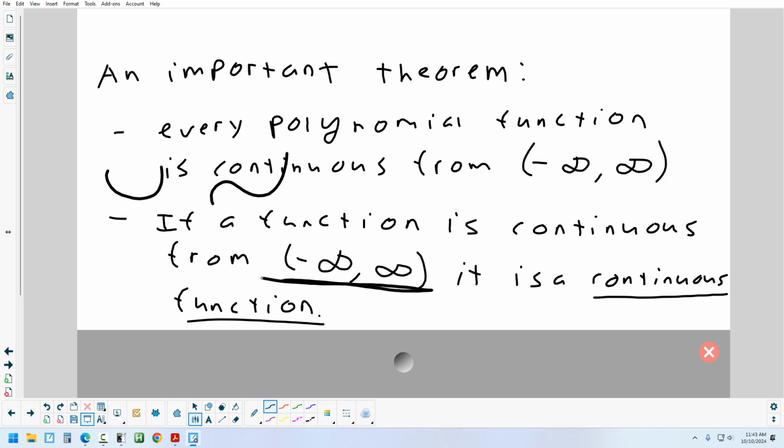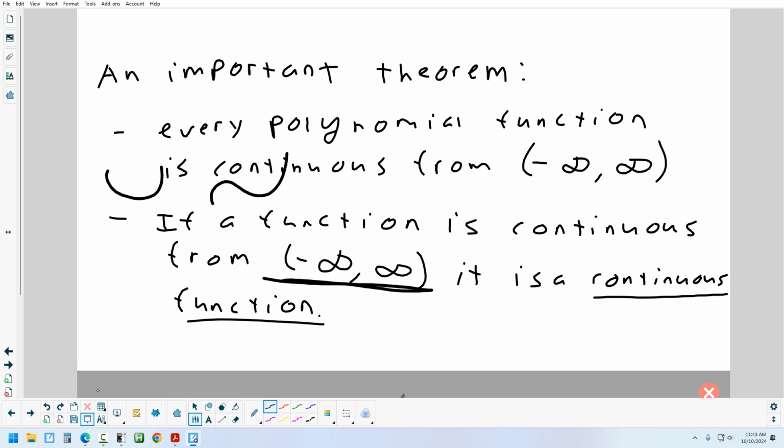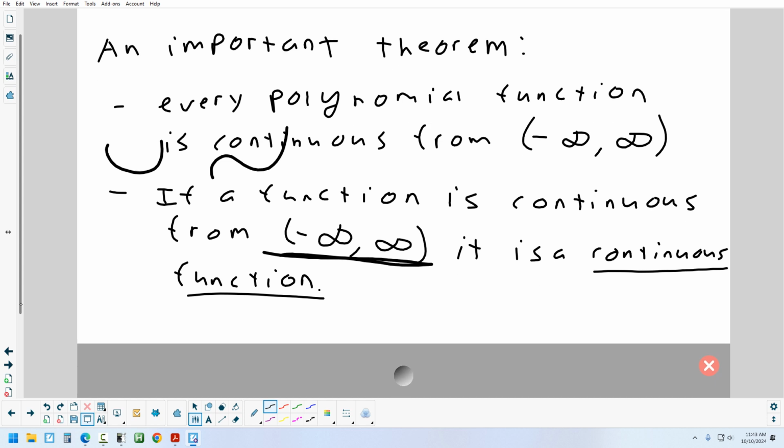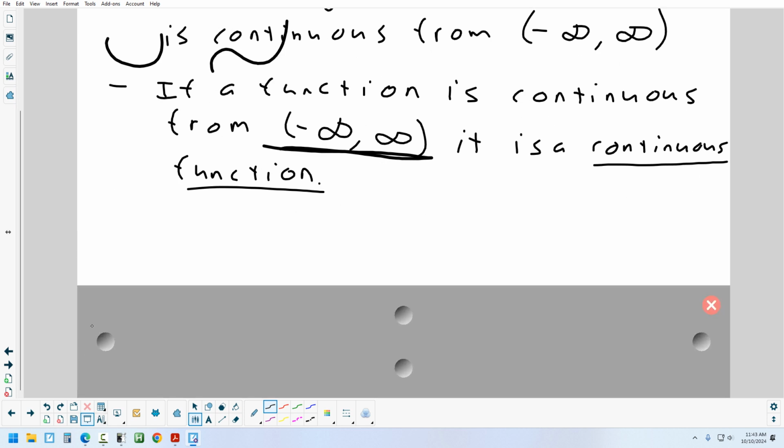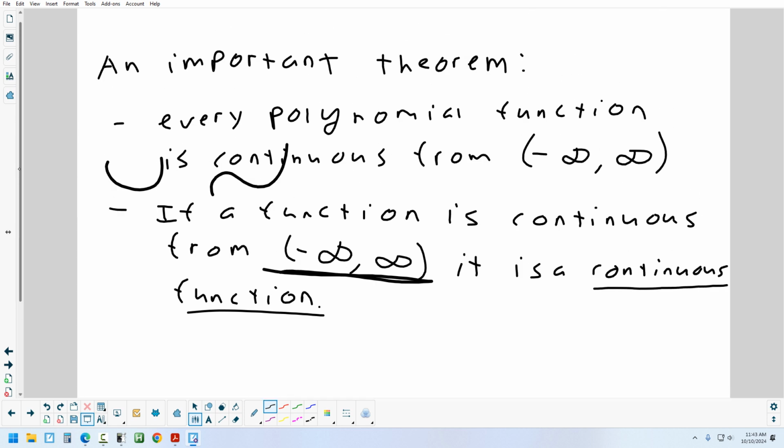That's the definition of a continuous function. Polynomials are the most common category of functions that are continuous.